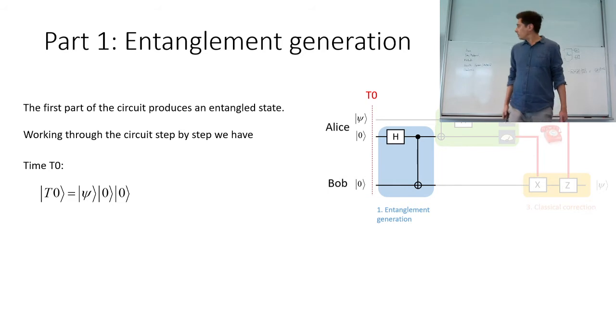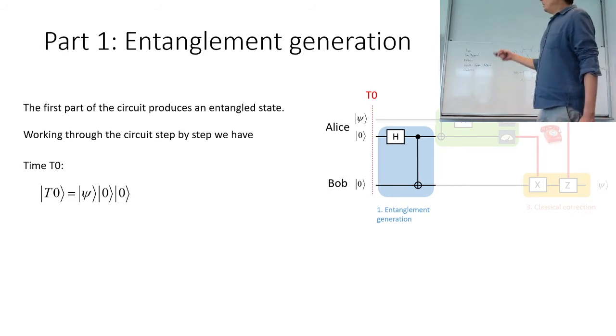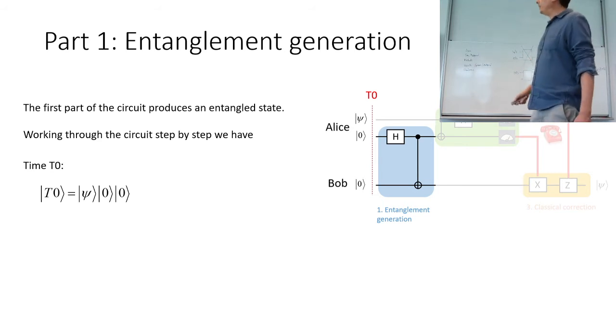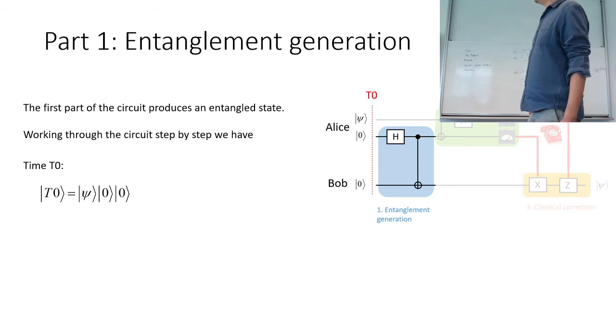Okay, so we're going to break down each part bit by bit. As I said, the first part is creating an entangled state. Let's work through that. At the beginning we have this state, and then the states 0 and 0. That's our initial state.